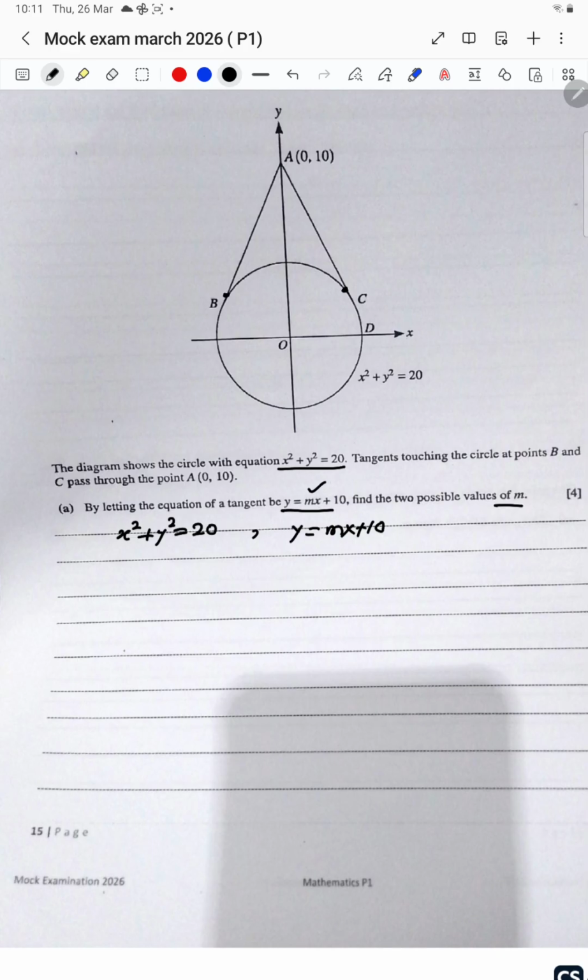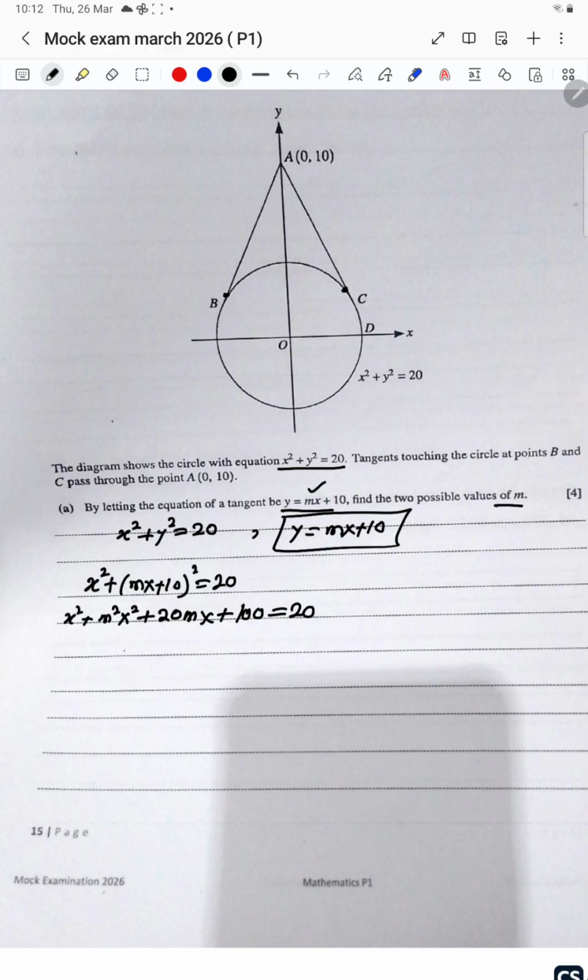As the tangent lines and the circle intersect at B and C, we can solve them simultaneously. Replace the value of y equals mx plus c here. I will get x squared plus (mx plus 10) whole squared equals 20.